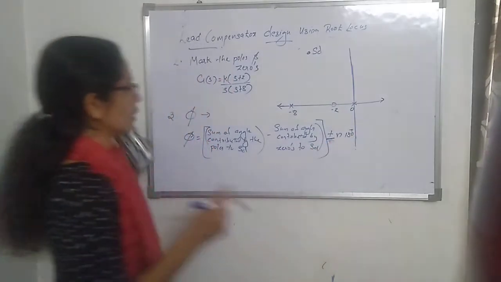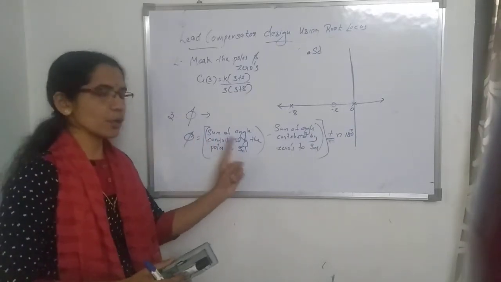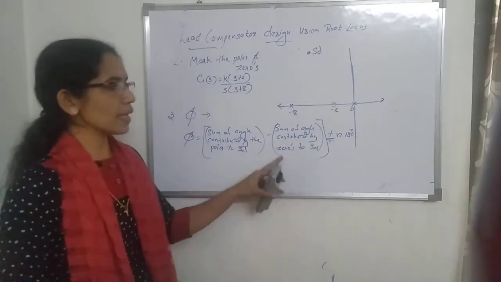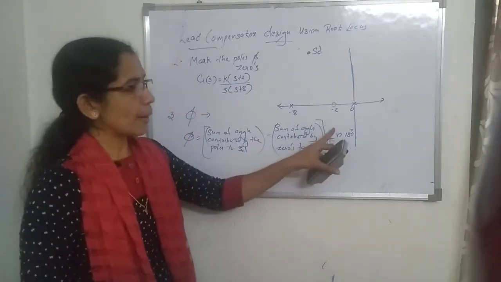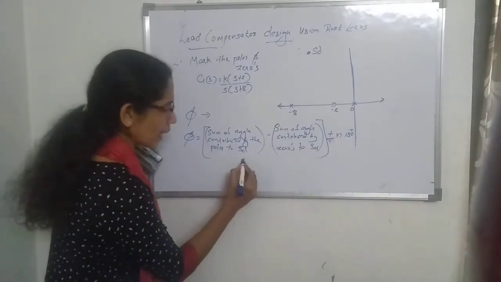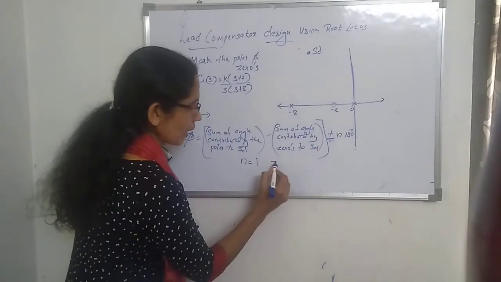Normally we take n equal to 1 and, of the plus or minus, we take the minus.